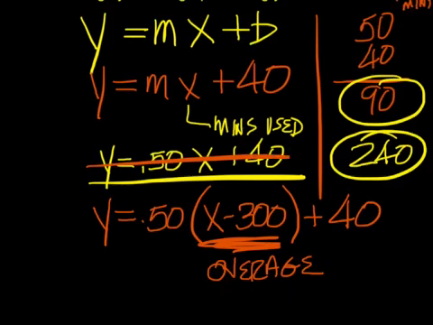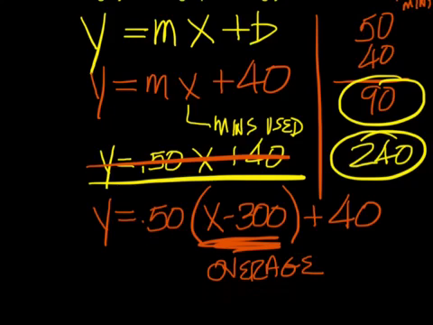Whenever you put in the minutes you used, the x is the minutes used, and the minus 300 gives us how many minutes over 300 you went. So if I put a 500 in here and subtract 300, it gives me 200 back. That's how far over I went. Then you multiply that by 50.